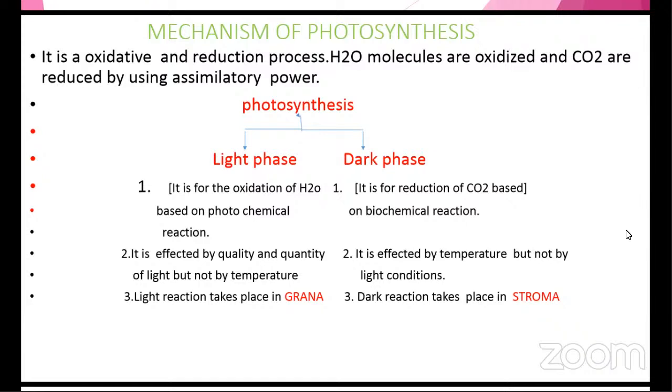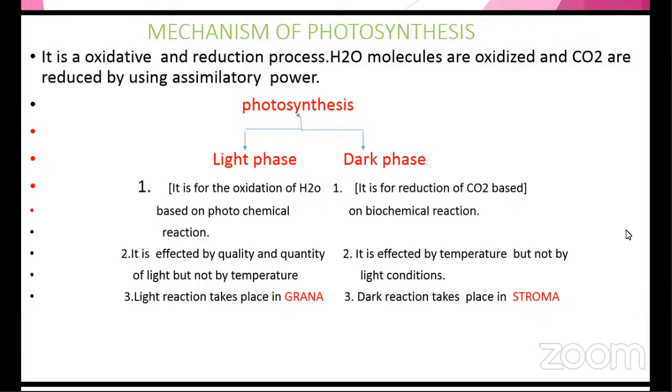What is a thylakoid? A thylakoid is a plate-like structure which helps in storing pigments. The light reaction requires 4 factors. Out of 4, chlorophyll pigment is one of the factors. That chlorophyll pigment is stored in the plate-like thylakoids, which are arranged in groups. Each group is called grana. So in that grana portion, the light reaction takes place.